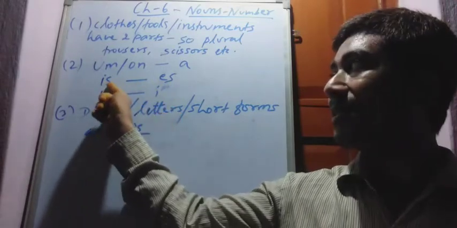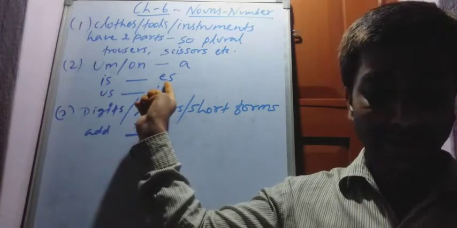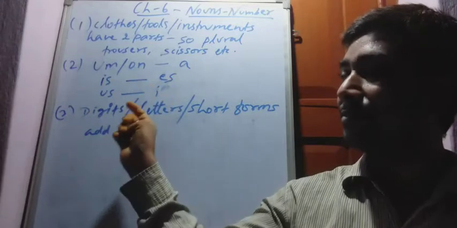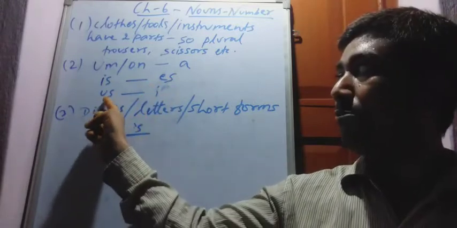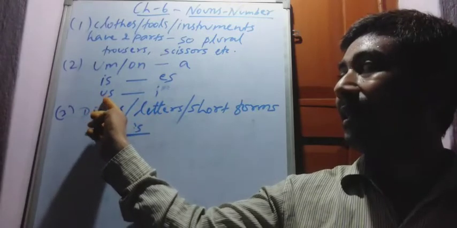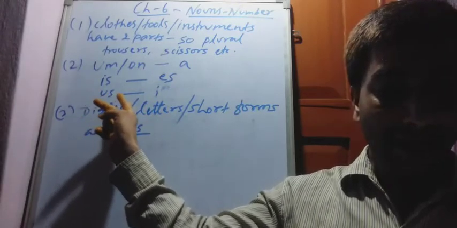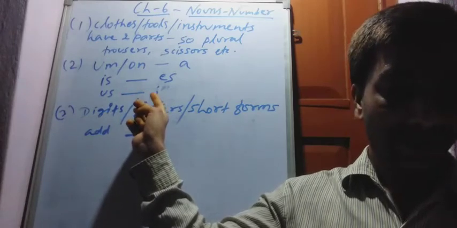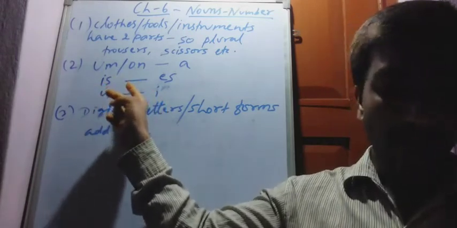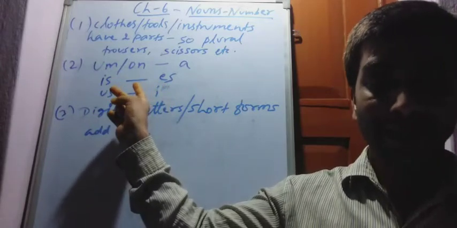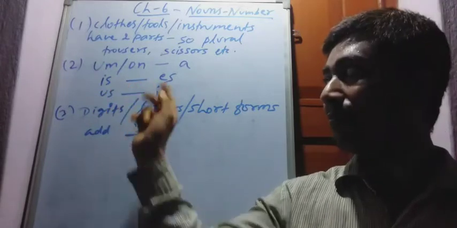Basis, bases, axis, axes. If the singular ends in us, it becomes i. Example, radius, radii. This is the trick of making the plural of foreign Greek and Latin words.